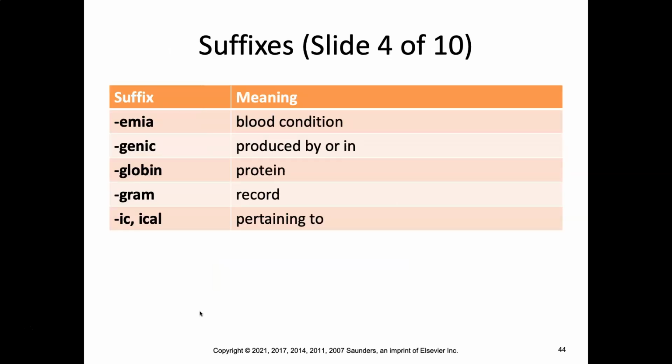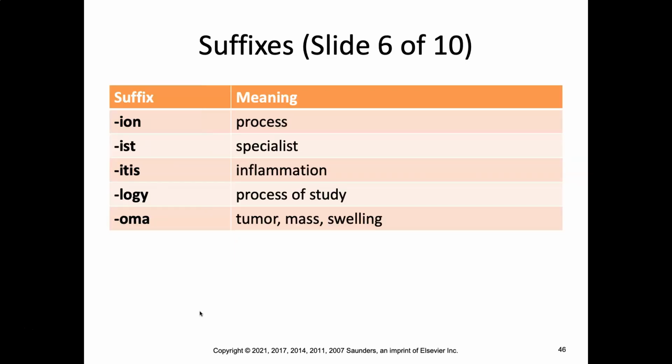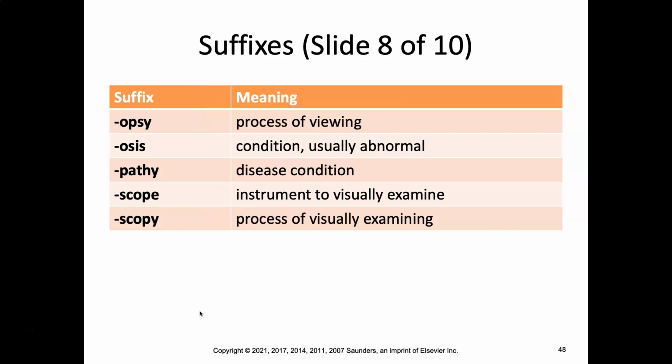Emia, genic, globin, gram, ic and ical. See, here's 2 more, ic and ical, pertaining to. Ion, ist, itis, logy, oma. Opsy, osis, pathy, scope, scopy.